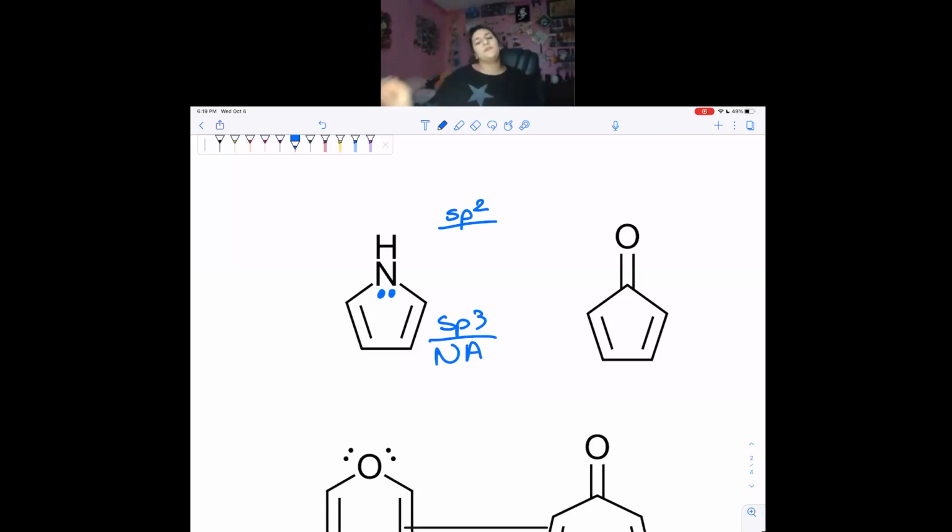And then if it's sp2, how many electrons is the nitrogen going to donate? And then I can repeat that question. So the question was, if it's sp2, how many electrons is nitrogen going to donate?